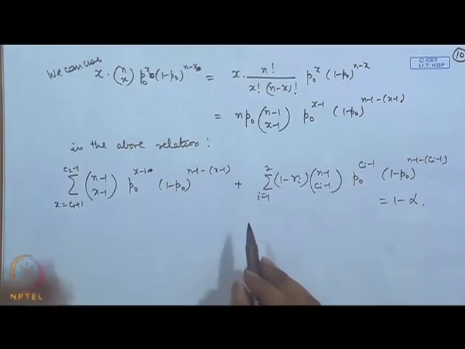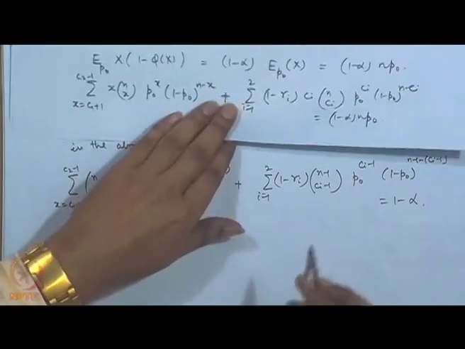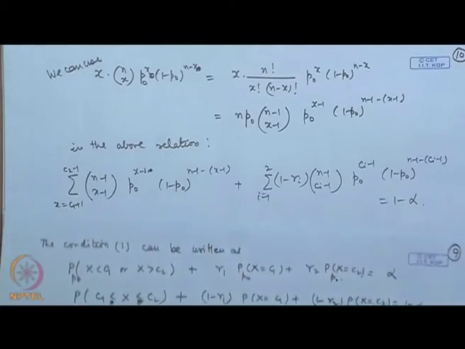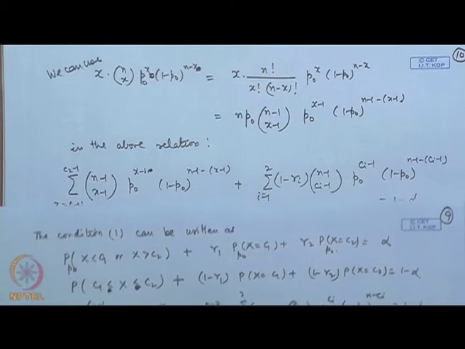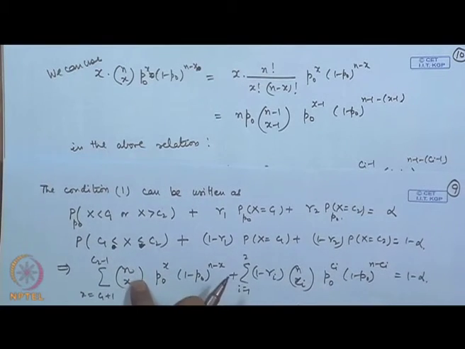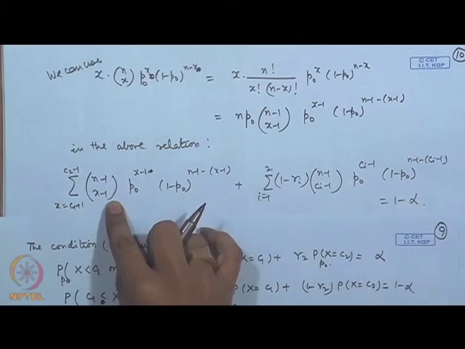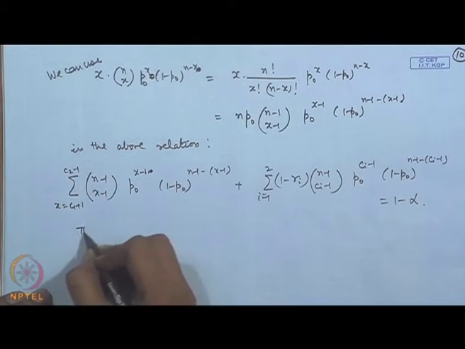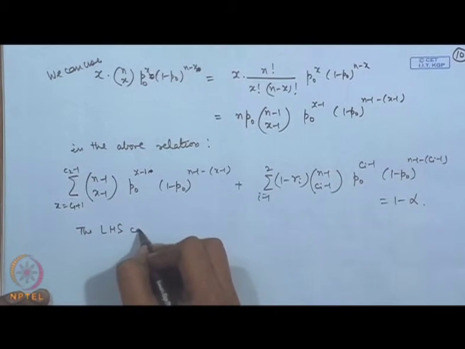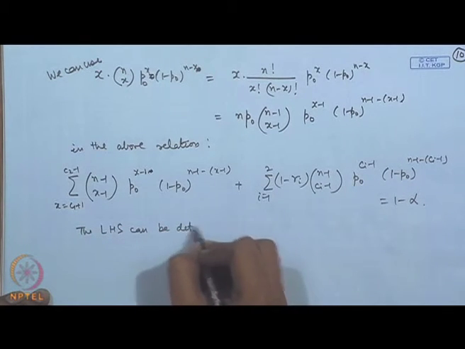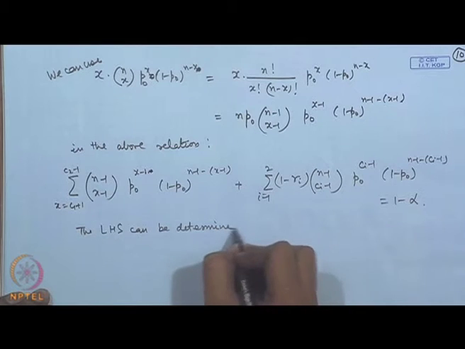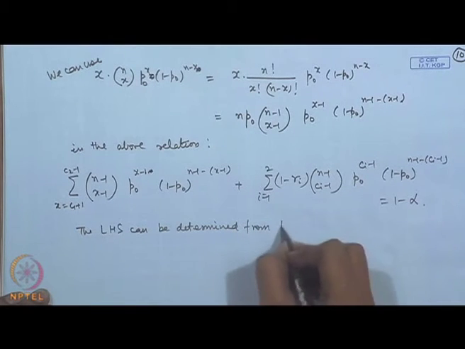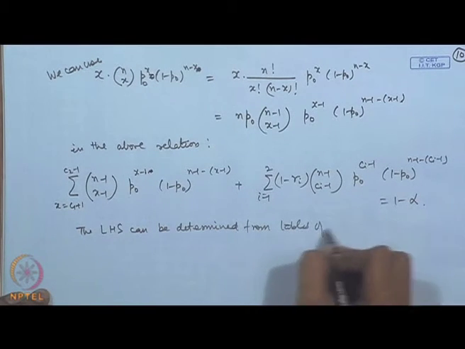And if you see this condition, there is a slight difference from these conditions here. Here you are having n c x, this is n minus 1 c x minus 1. So, once again you can see this left hand side can be determined from tables of binomial distribution.